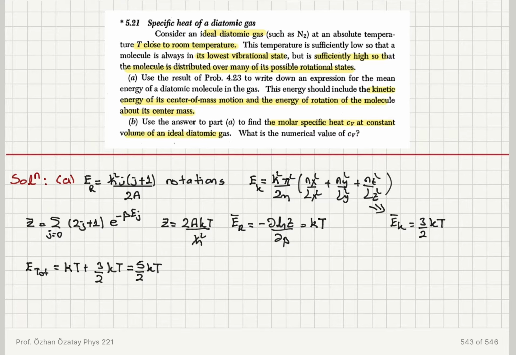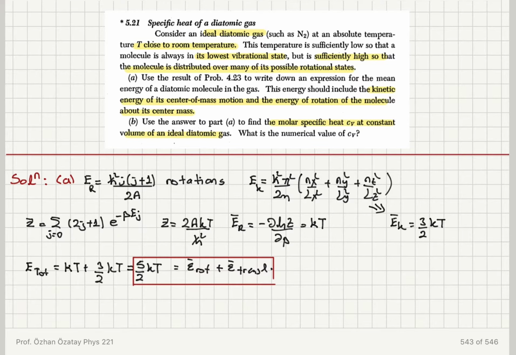So the mean energy per particle is ε̄ rotational plus ε̄ translational, which is kT plus 3/2 kT, or 5/2 kT. That's the answer to part A.